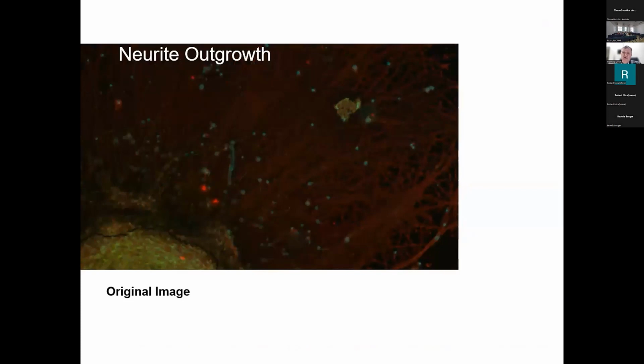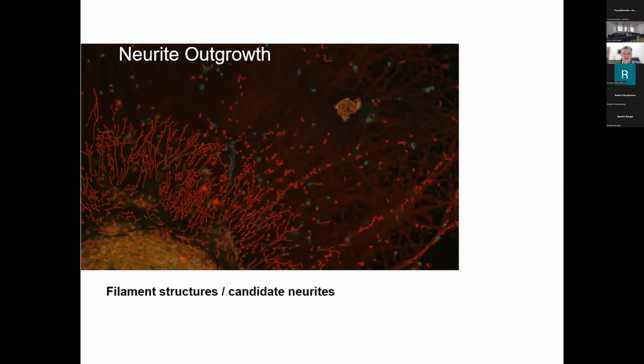And now we go to analyze this by tissue cytometry. So we have an original image. We trace the neural outgrowth as filament structures after staining for beta-3 tubulin, as I showed you in the last slide. Now we have an original image, and we get the filament structures.